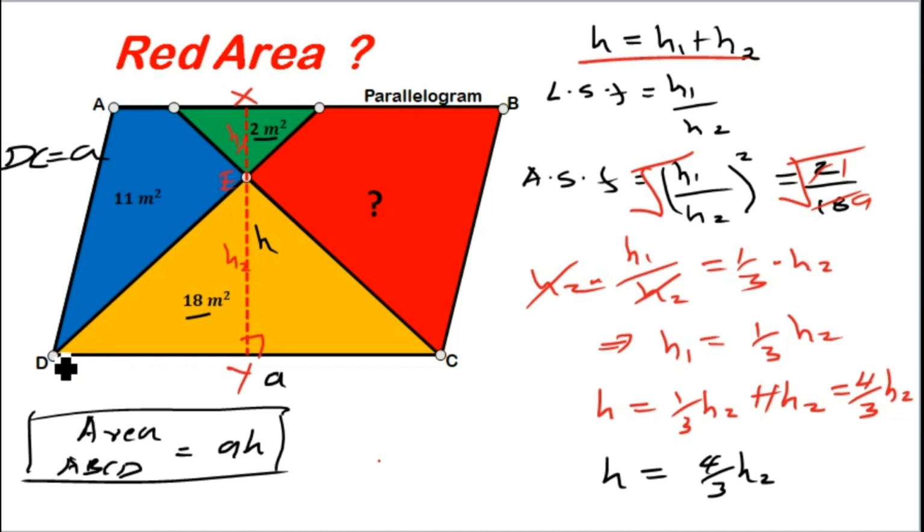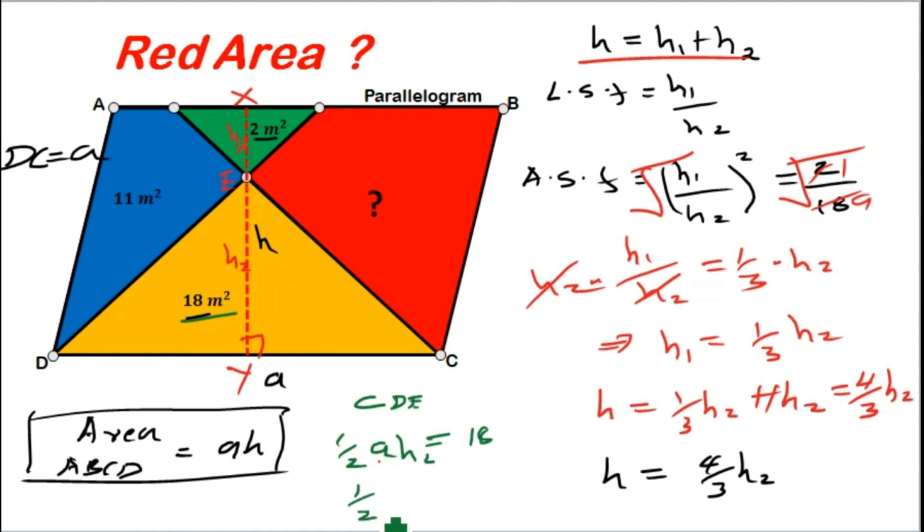We will start with this smaller orange triangle, triangle CDE. What is the area of this triangle CDE? It is a half base, which is A, times its height, which is H2, and that gives you an area of 18.